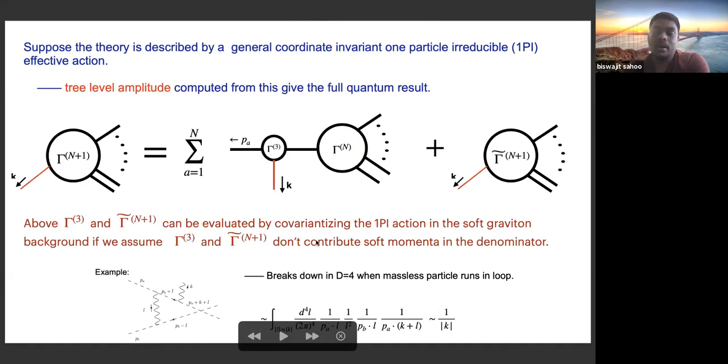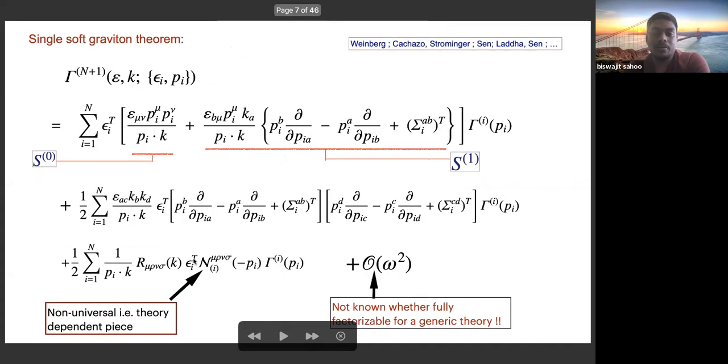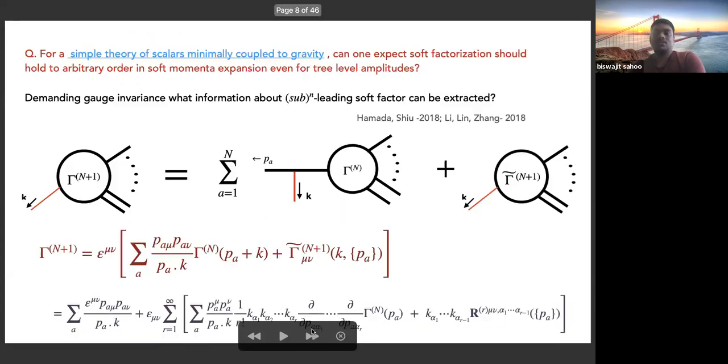So only these two free parameters are there, but both contribute to the same structure R mu rho nu sigma. I think this is derived by Alok and Ashok Sen in their paper, the full structure. Okay, so let me proceed.